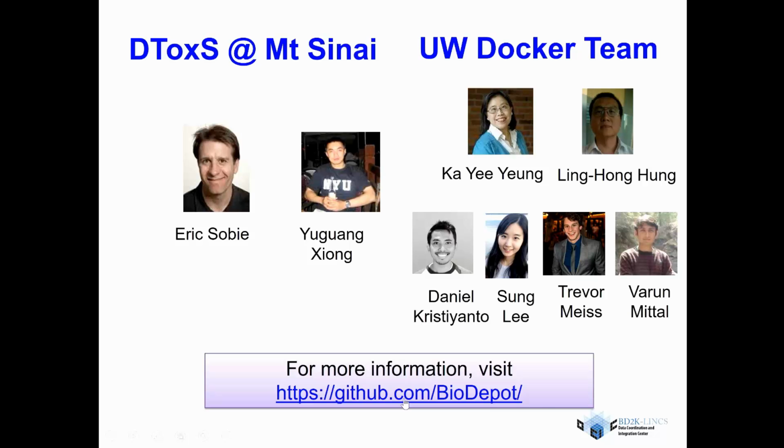Hi, this is Yuguang from Mount Sinai, Guangzhou. About that non-uniform distribution of the UMI tags, I'm thinking this non-uniform distribution can be caused by the PCR process. That's a good question. I don't know.